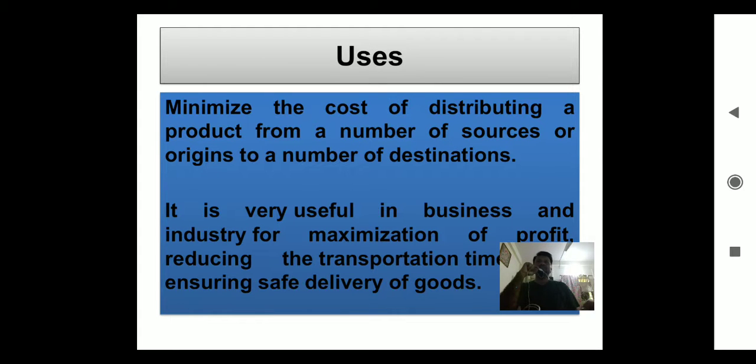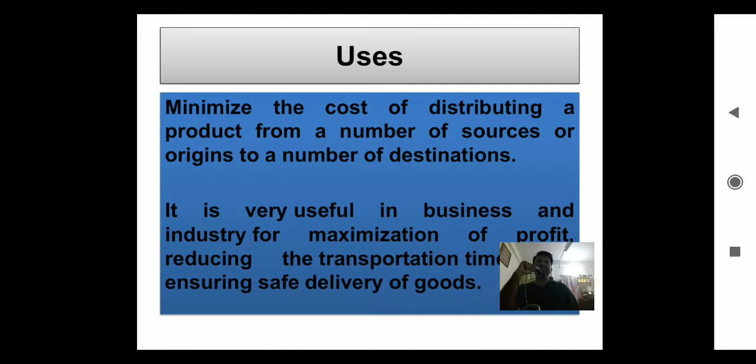Uses of the transportation problem. It minimizes the cost of distributing a product from a number of sources or origins to a number of destinations, meaning it is used to minimize the cost of transportation from factories to warehouses. Second, it is very useful in business and industry for maximization of profit.